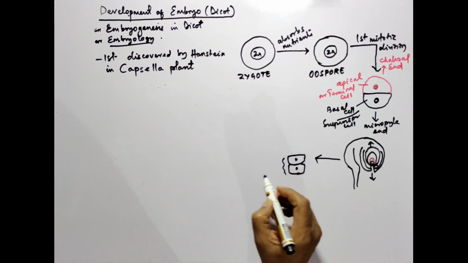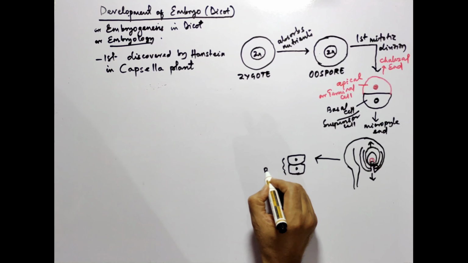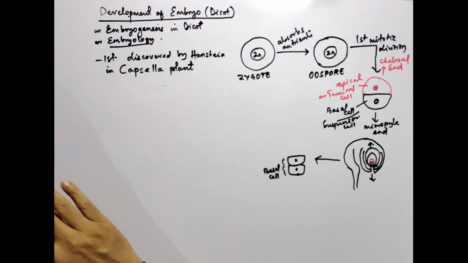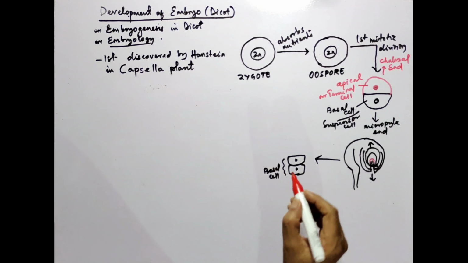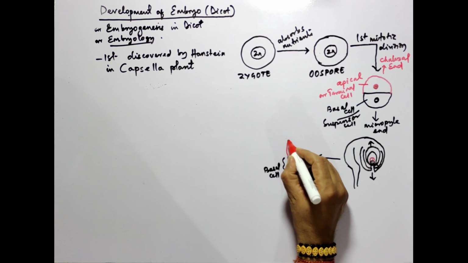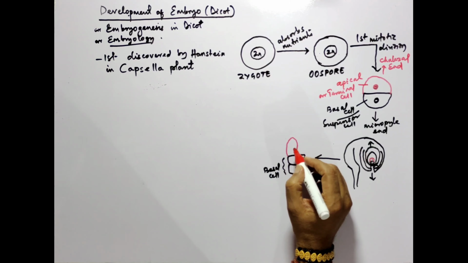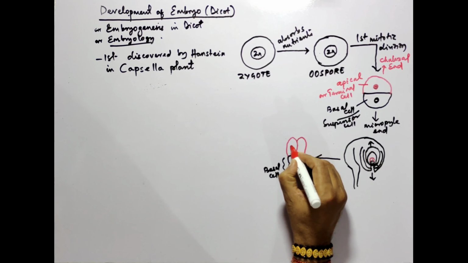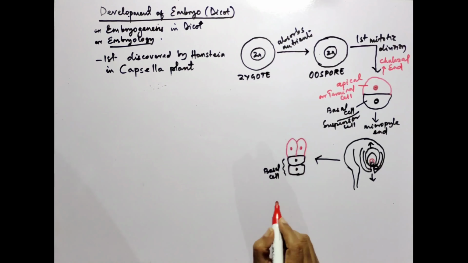We can write this is basal cell, but the apical cell divides longitudinally, producing two cells.